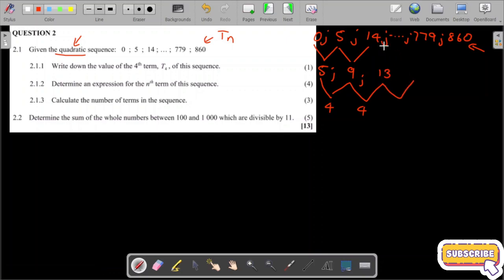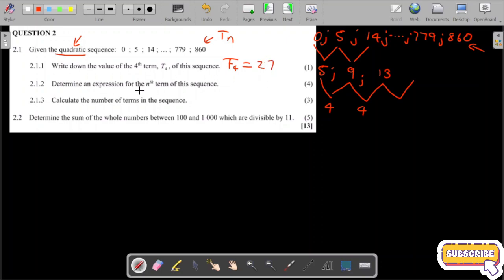And then to find the term that follows this 14, which is going to be my T4, it's going to be 14 plus 13, which gives me 27. So T4, which is the term that follows 14, is going to be 27.